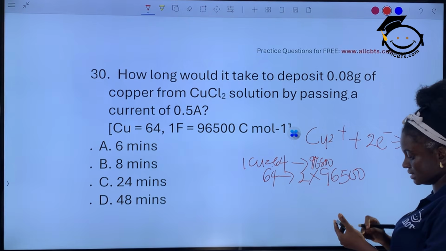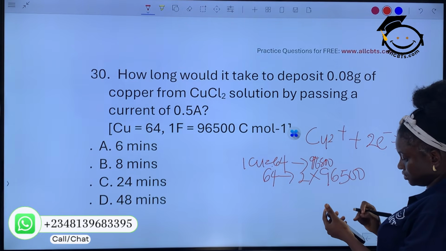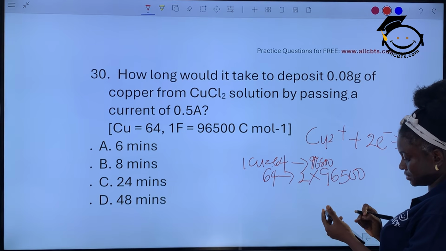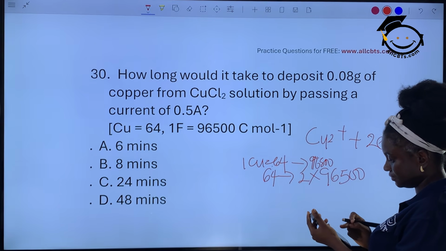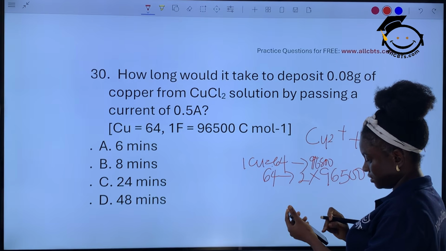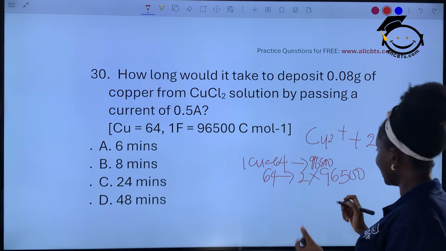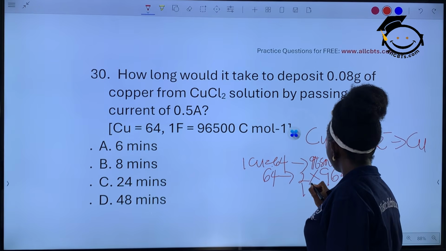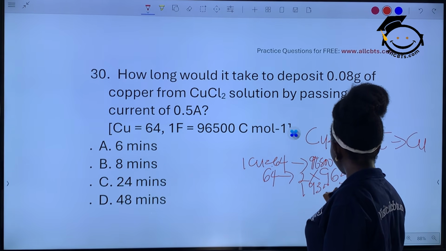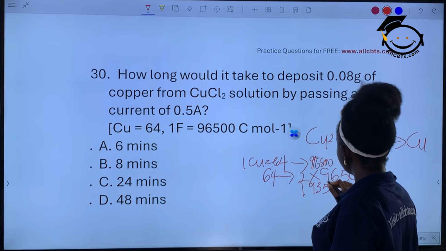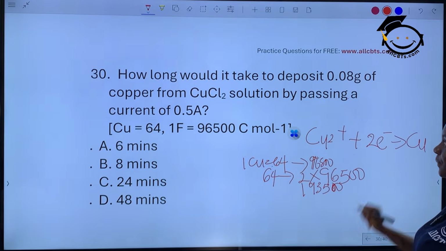So let's calculate that. 2 times 96,500, we have 193,500. So that is what we have here.